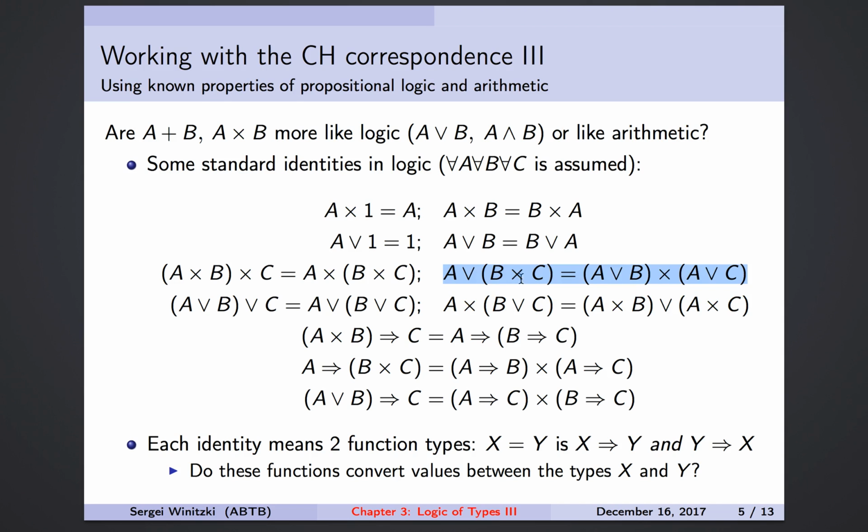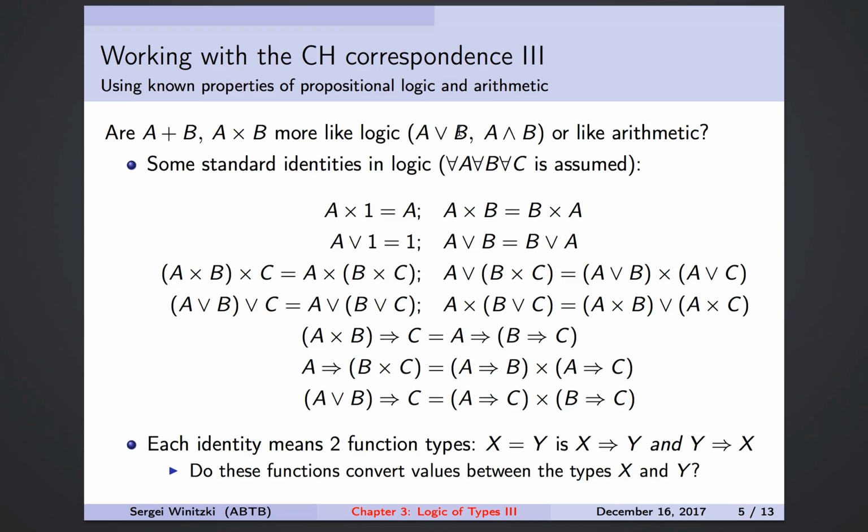But in logic, the conjunction and the disjunction are perfectly symmetric. If one is true, the other is also true. So whatever statement is a theorem for disjunction, the same statement is a theorem for conjunction, and vice versa.